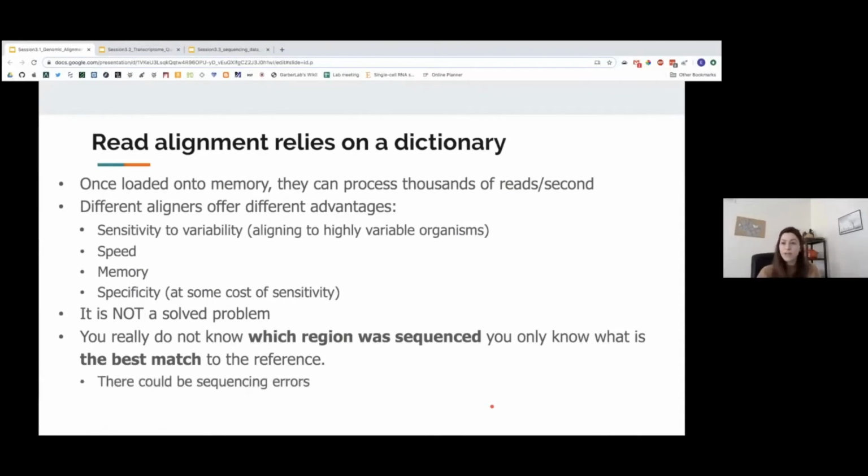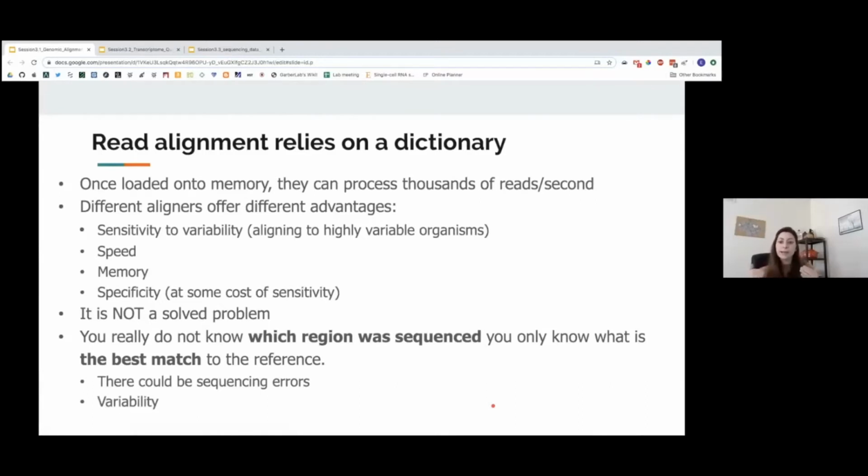One of the factors that leads to this is that there could be sequencing errors. Your reads are not the exact match to the same fragment that they were created from, because the process of sequencing them introduces errors to begin with. You also have variability from the genomes itself.